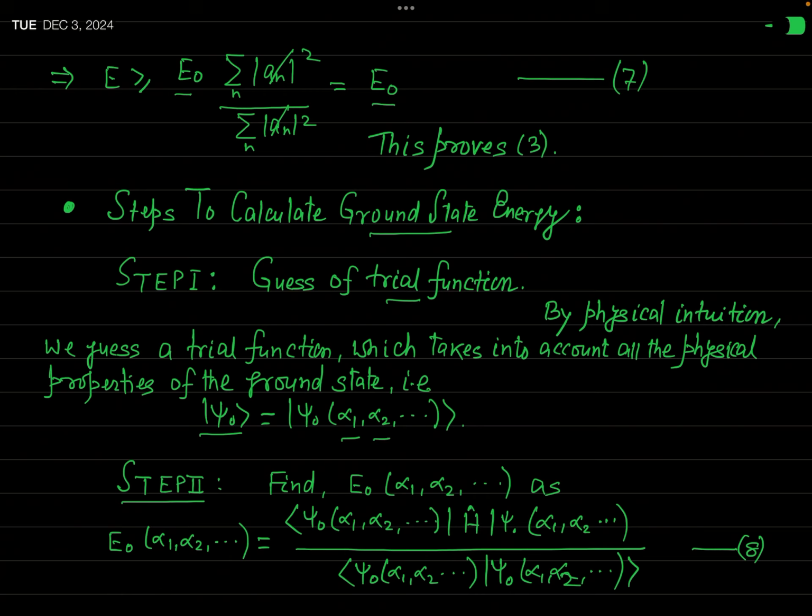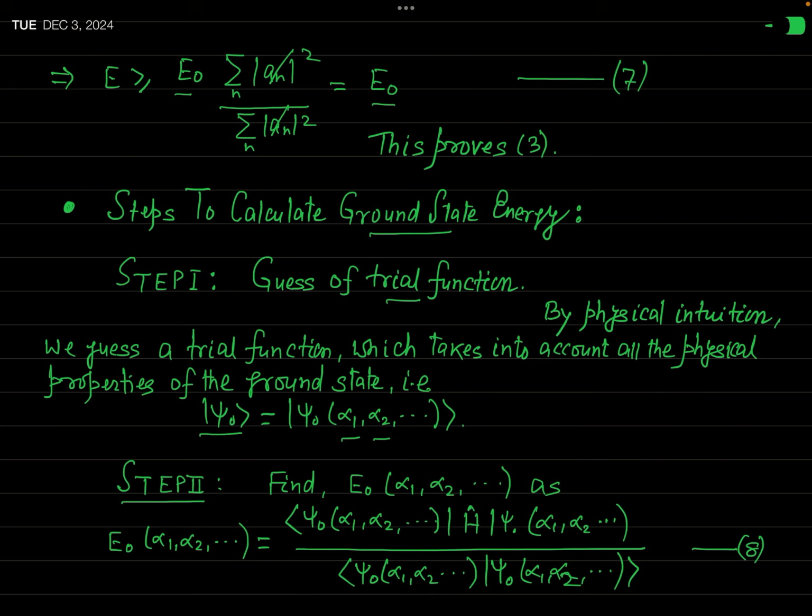In fact this will account for the various possibilities of these unknown properties. So what is our first step? Guessing a trial function, and also thinking about the properties on which that trial function will depend.